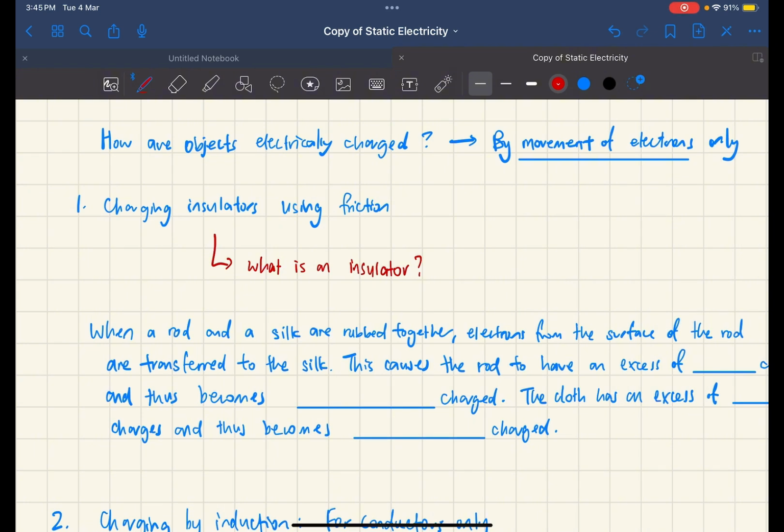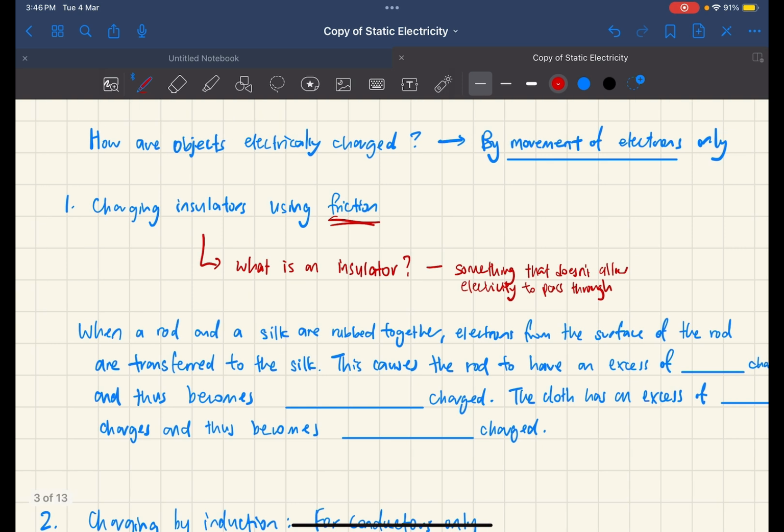For insulators, there's only one way for them to be charged, and that method is called charging using friction.